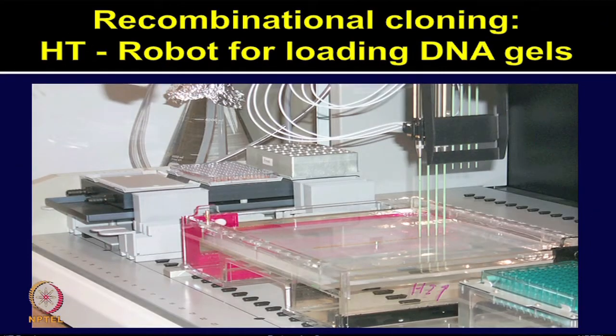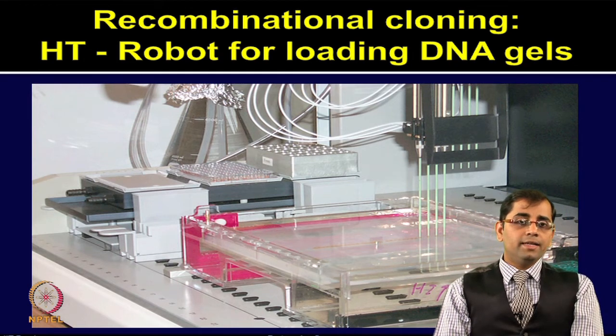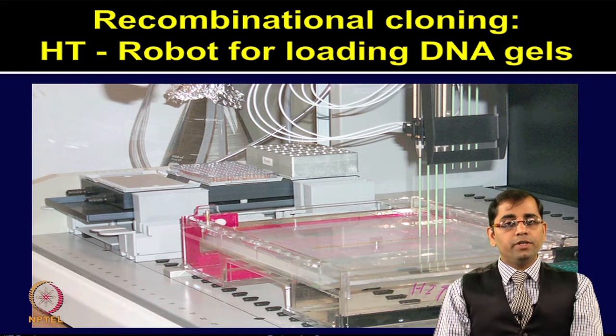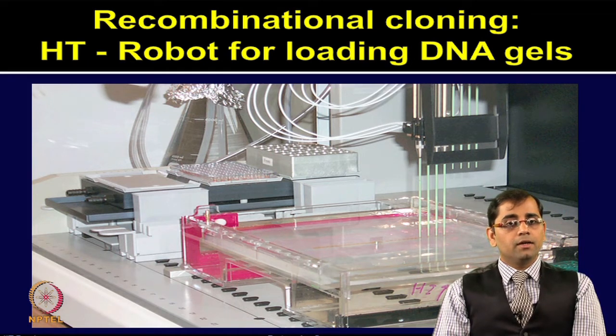This image shows you the high throughput platform for loading DNA gels. A robotic system is used here where 192 lanes can be loaded in only 20 minutes. If you are doing this manually, it will require a large amount of time, and there will be sample spilling on the gel along with various other manual errors in loading, including the gel assembly and gel loading.